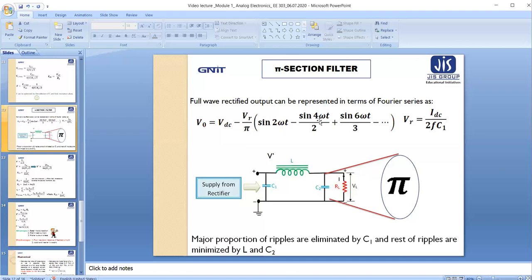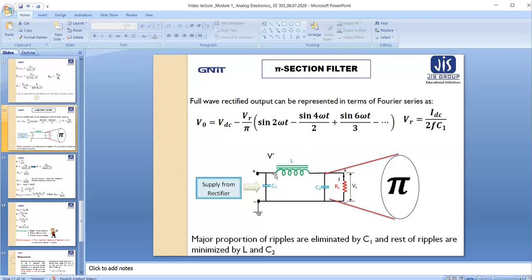The amplitudes of the higher order harmonics are significantly low. So the first C1 will automatically bypass the higher frequencies due to its XC value, 1 by omega C. But the second order harmonic will not be sufficiently removed by this capacitor due to its significant amplitude.